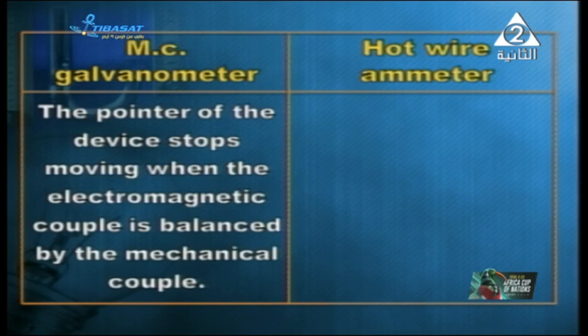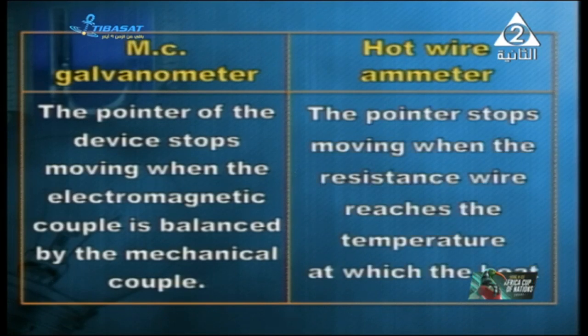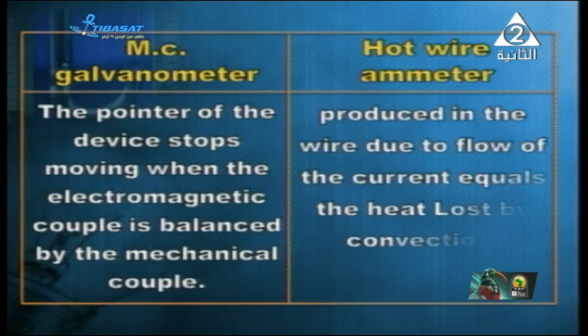When using the moving coil galvanometer to measure a current, the pointer comes to rest when the electromagnetic couple is balanced by the mechanical couple produced by hair springs. The pointer of the hot wire emitter stops when the resistance wire reaches a temperature at which the heat produced in the wire due to the flow of the current equals the heat lost by convection.